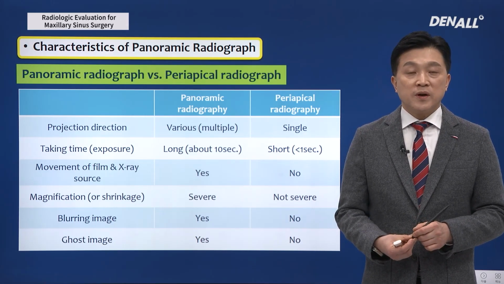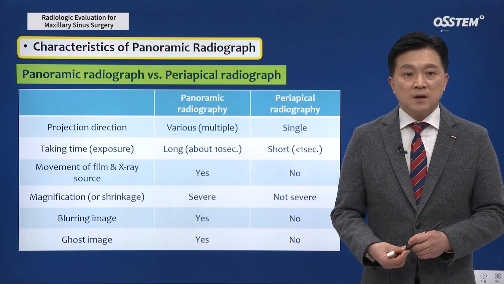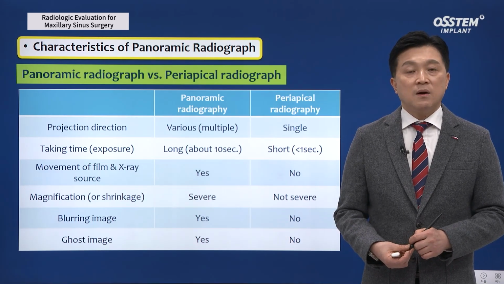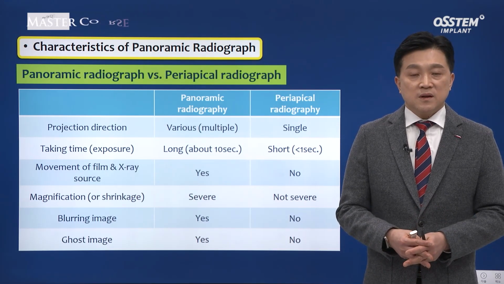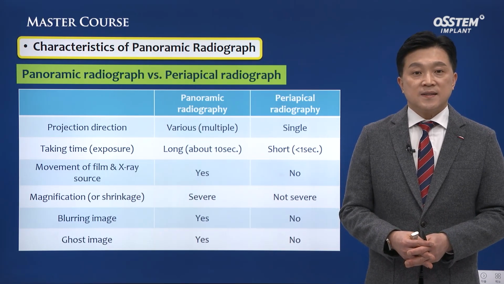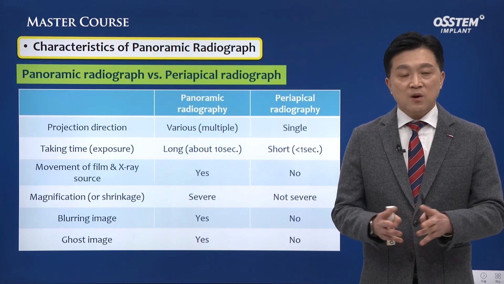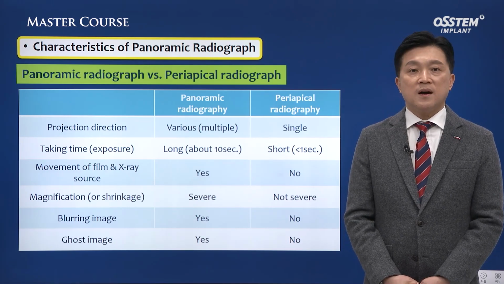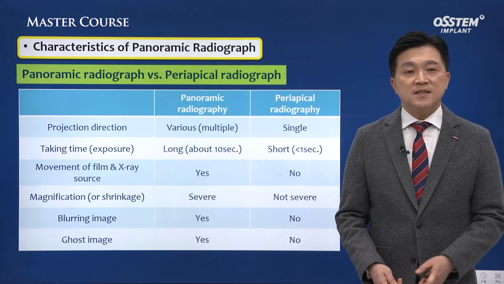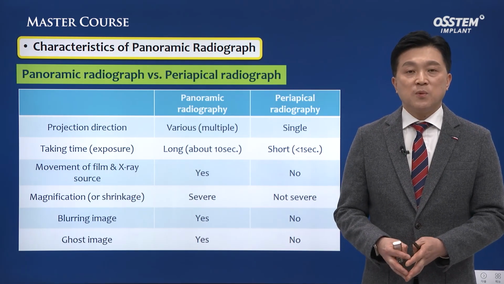In the case of superimposition of such, there can be difficulties in making a treatment plan. In the case of periapical image, such instances are not that frequent and it's an advantage. However, in order to take an overall view of the wide area, panoramic images are more favorable.